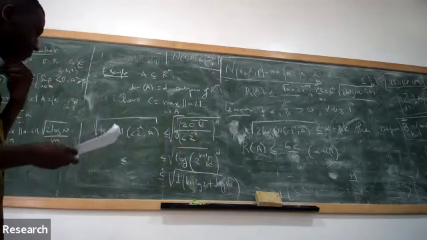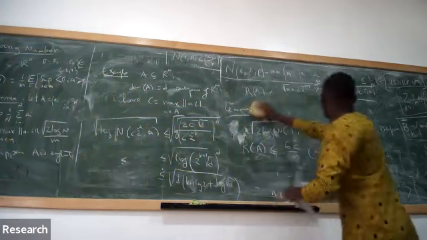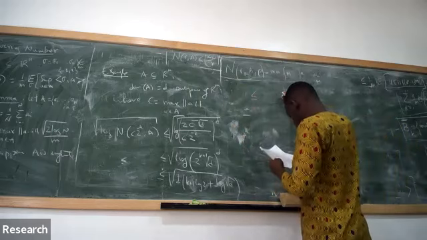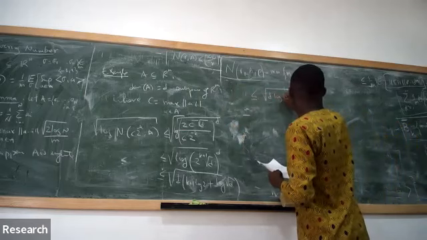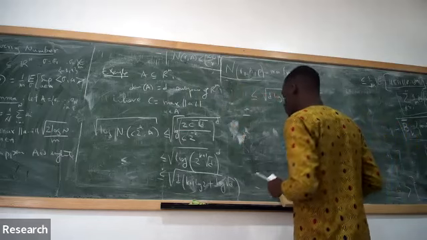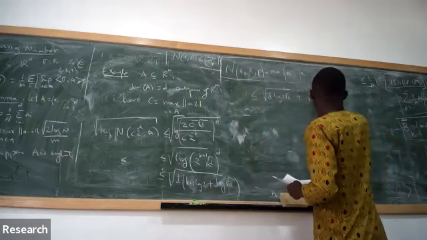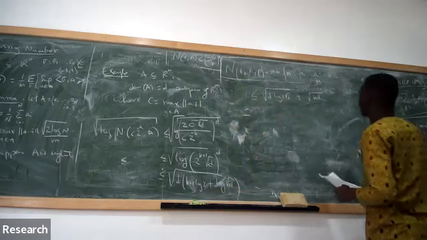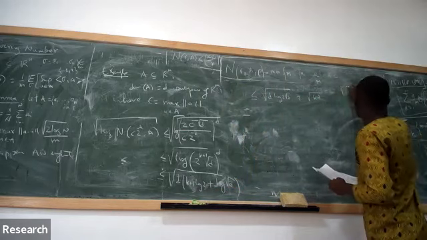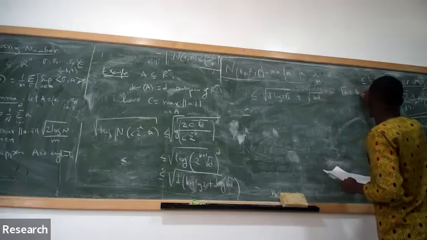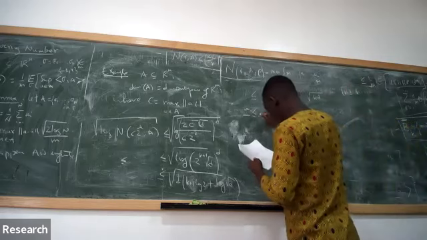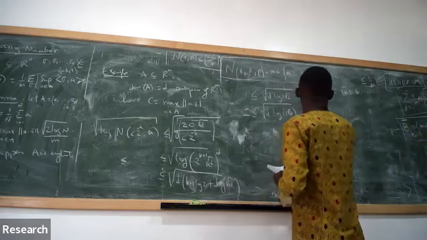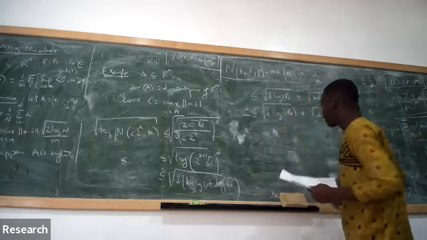So finally we get that this will be less than or equal to D log of D plus K. And actually, square root of D, square root of K is less than or equal to K. And that is the existence.